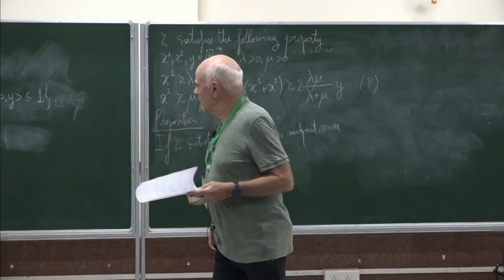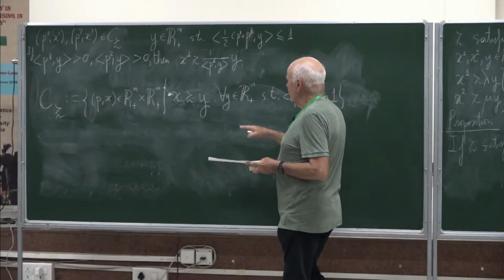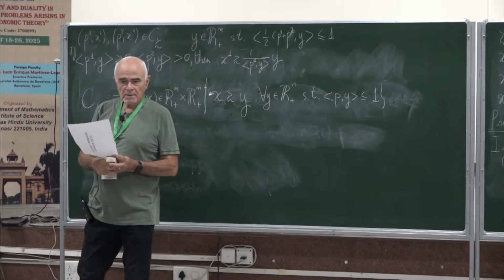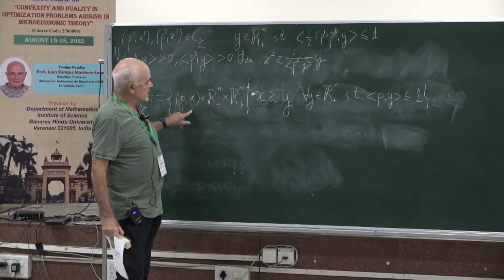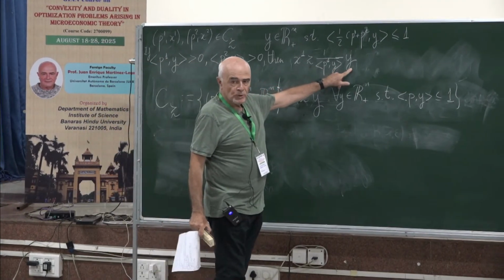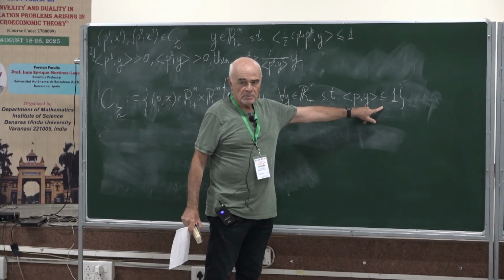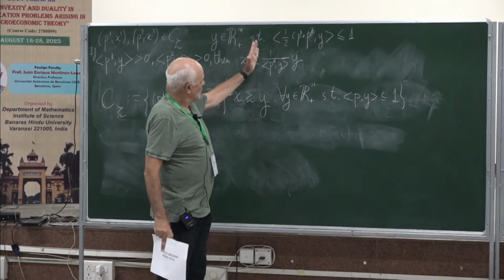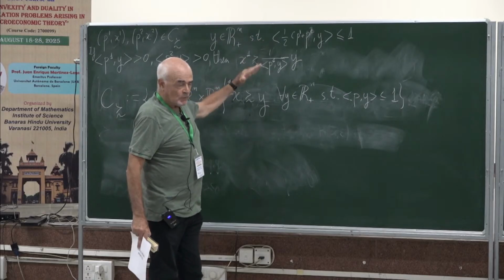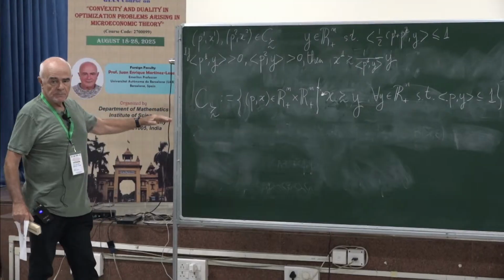Do you agree? This is a consequence of the fact that the pair P1x1 is in this set, and the fact that this particular commodity bundle satisfies this budget constraint with P1, because P1 times this is equal to 1. Okay, then this immediately follows from this definition.